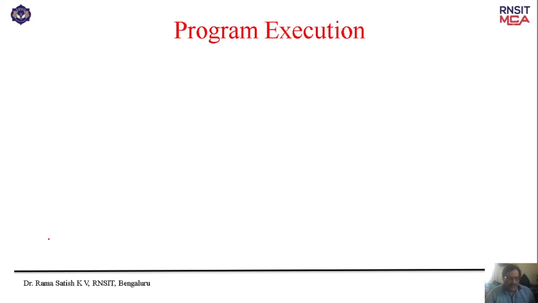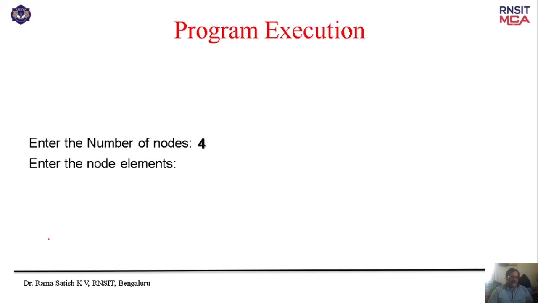Now look here. The user will be asked to enter how many nodes you want. I enter 4 nodes. Now enter the node element, first element. As soon as I enter the first element 5, what happens? Memory is created for the new node, data is stored, the new node's next is marked null, and head is moved to the new node.